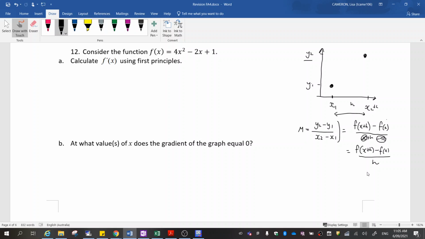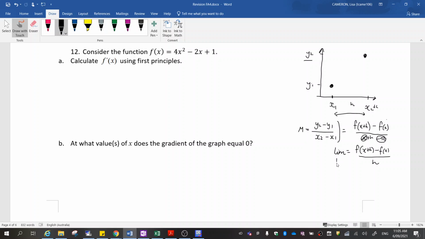Okay, now we're really trying to make that h value as small as possible. So really what we're trying to achieve here is we want the limit of this function, which means we're observing what it's approaching, not what it actually is. Okay, if I can plug a value in and get an answer, that makes me happy, but you're not always going to get an answer straight away.